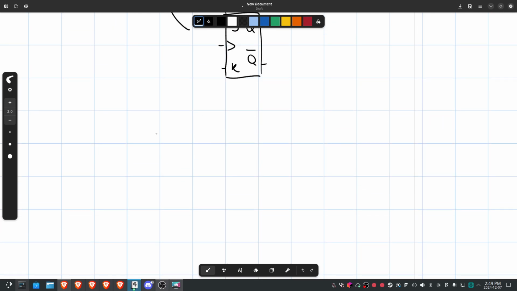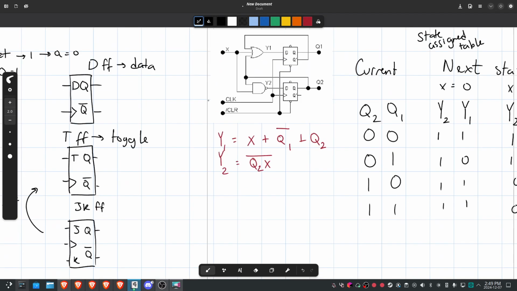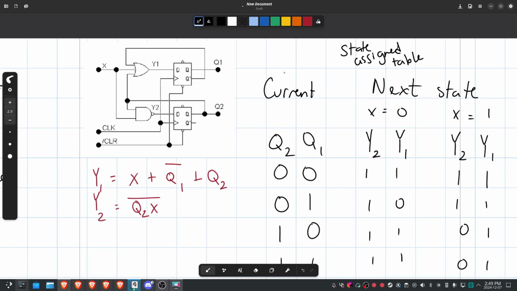When you see this, it activates when the value goes from 0 to 1. When you see a dot followed by that, that means a not, so it activates when it falls from 1 to 0. Keep that in mind. However, in this case, we only have rising edge triggers.